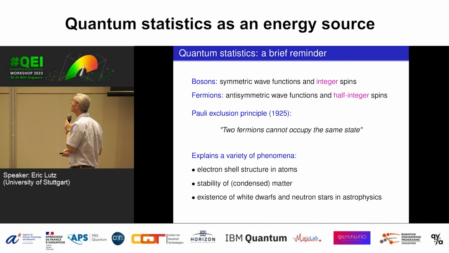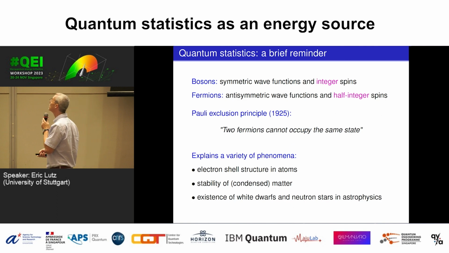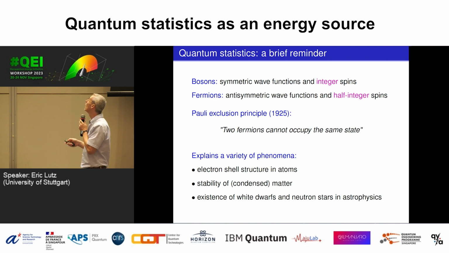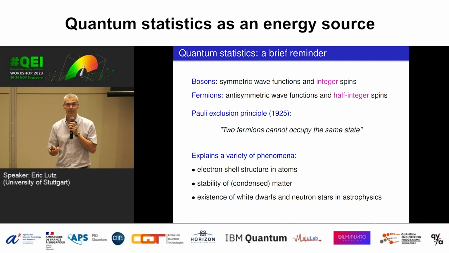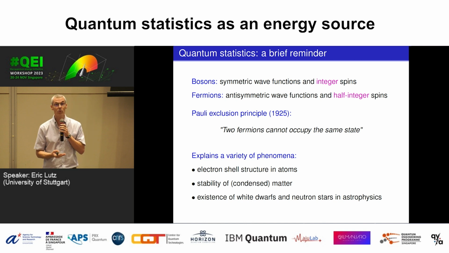Let's talk about physics. A brief reminder: there's a big difference between bosons and fermions. Bosons have a symmetric wave function and an integer spin, whereas for fermions the wave function is antisymmetric and they have half-integer spin. The interesting property here is that fermions obey the Pauli exclusion principle, which can be stated in a very simple way: two fermions cannot occupy the same state.